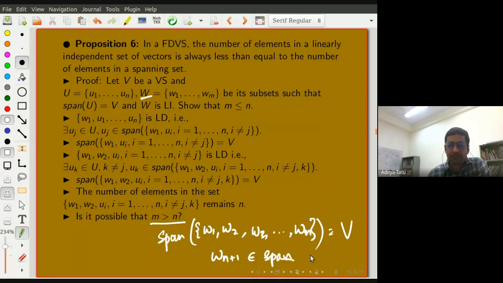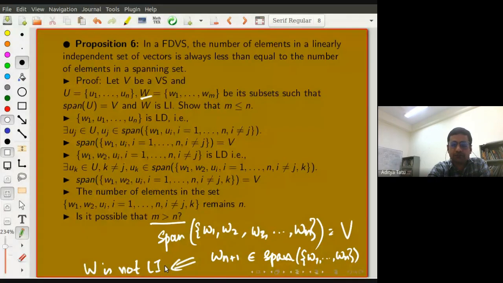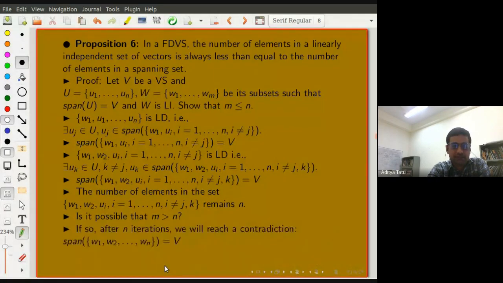It means W cannot be linearly independent. So this will imply that W is not linearly independent, which of course is a contradiction.